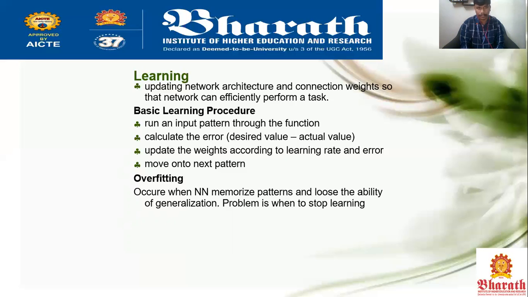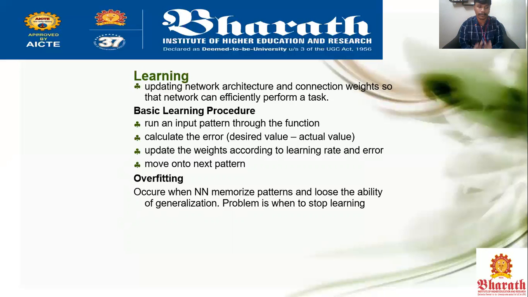And the next component in the learning rule is overfitting. Overfitting means making the neural network store the patterns as in a storage area. When it is made to store the patterns in a storage area, it has the ability to lose generalization, and the problem occurs when the learning process is stopped.